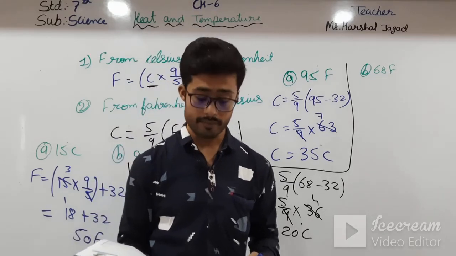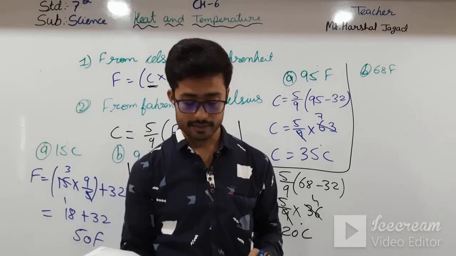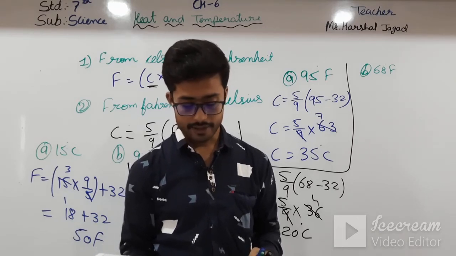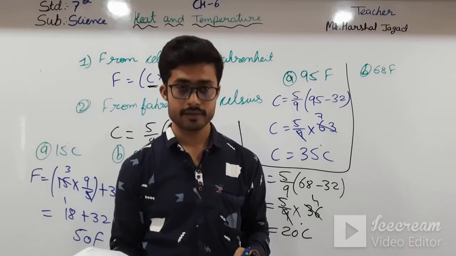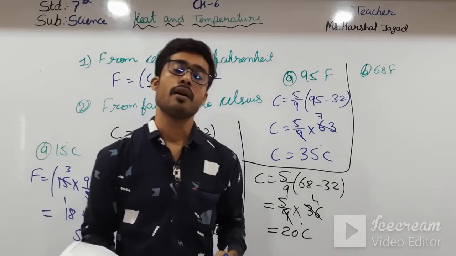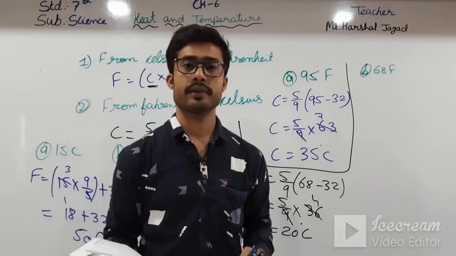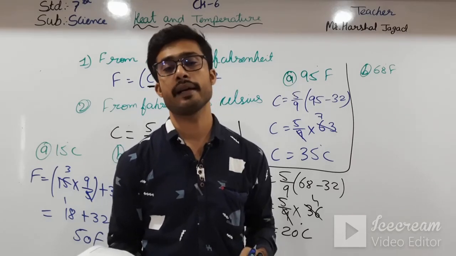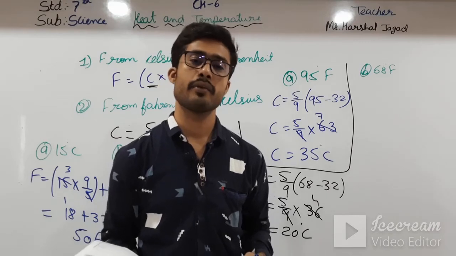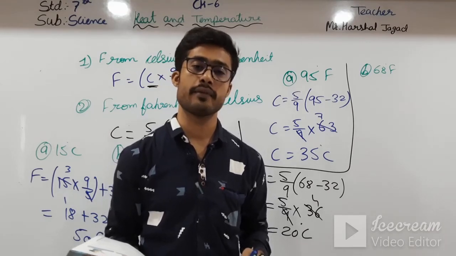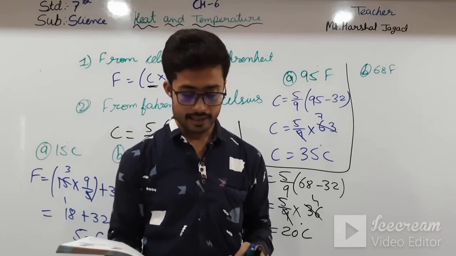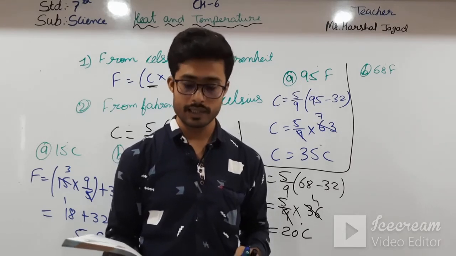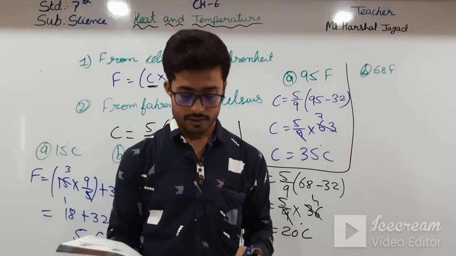Clinical thermometers are used to measure body temperature. They are usually mercury thermometers. So in laboratory thermometers the range is minus 10 to 110 degrees Celsius, and both mercury and alcohol can be used, and in a clinical thermometer usually mercury is used.